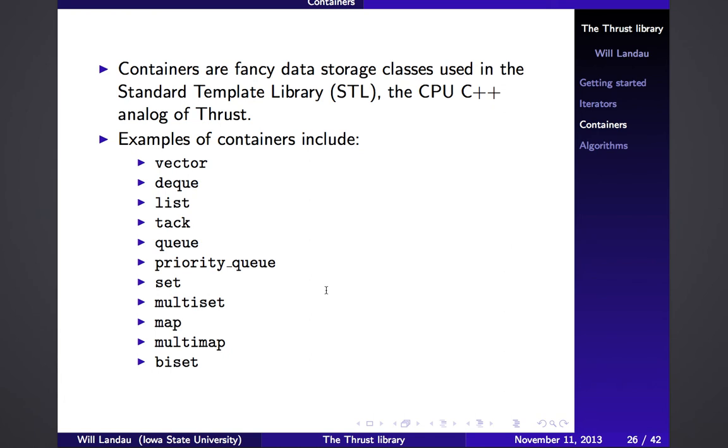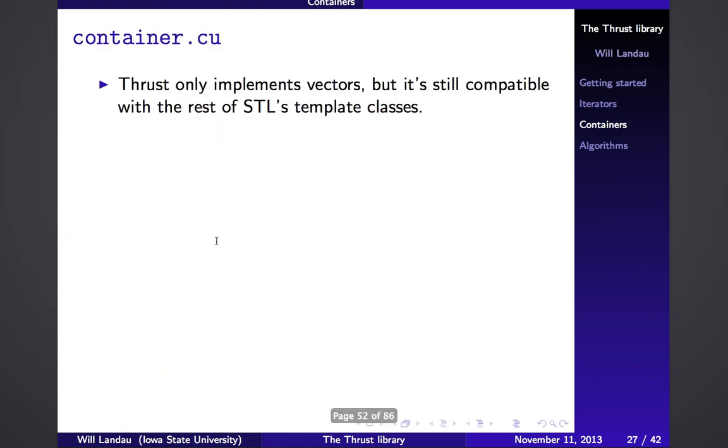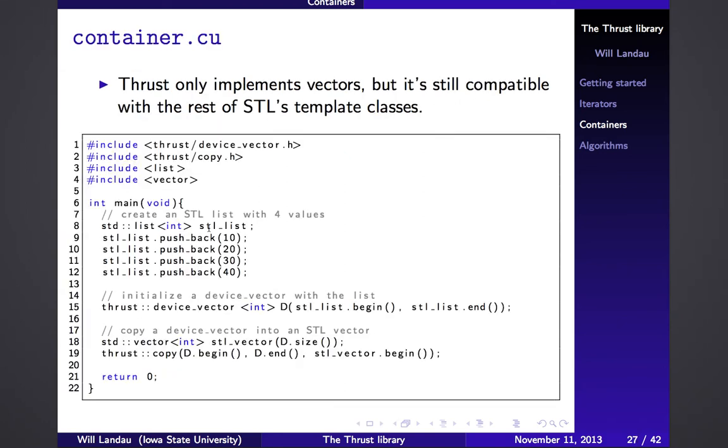But needless to say, you get a lot of other containers in STL. Fortunately, thrust is built so that it can interface with STL very well, even if you use STL and these other data types. So if I have, for example, a list here, if I'm using STL and I create a list with elements 10, 20, 30, and 40, I can turn that really easily into a device vector.